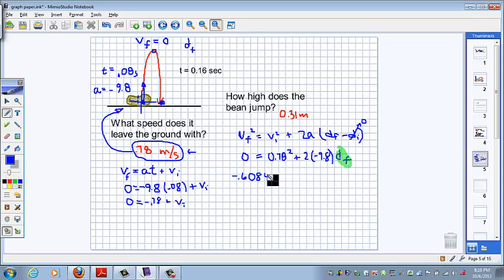Subtracting that from both sides, equals 2 times 9.8 right here, which is negative 19.6. And I'm pretty sure that if you divide both sides by negative 19.6 right now, you get, indeed, 0.031 meters. Oh, and I'm a bad man for getting my decimal in the wrong spot.